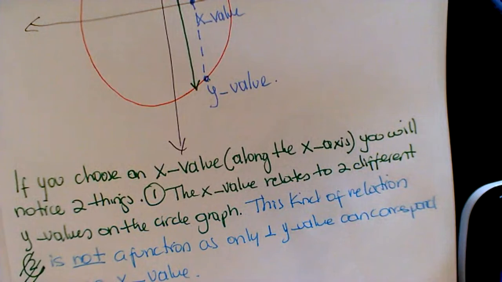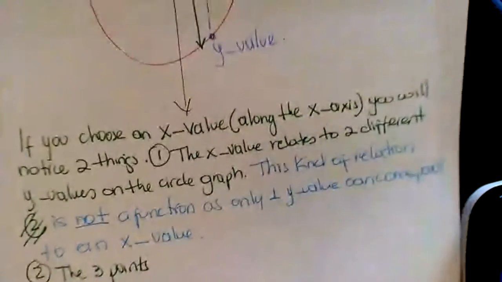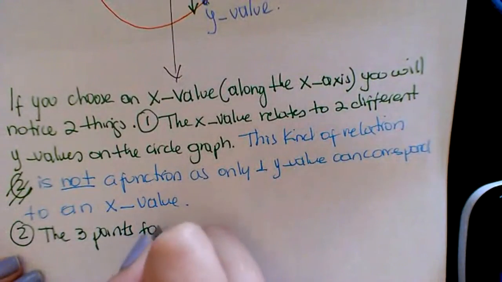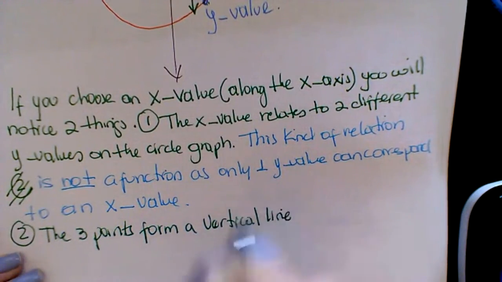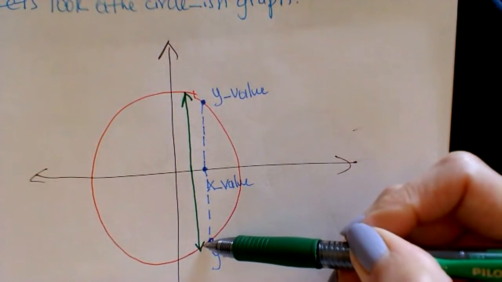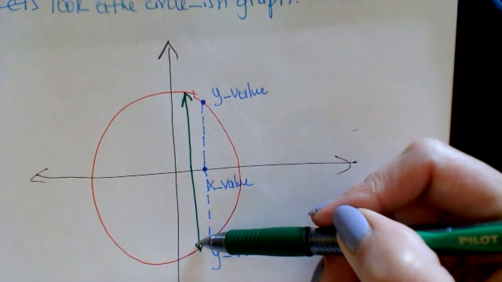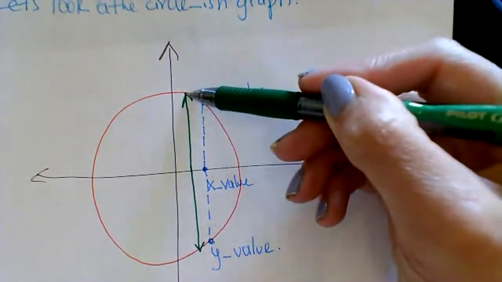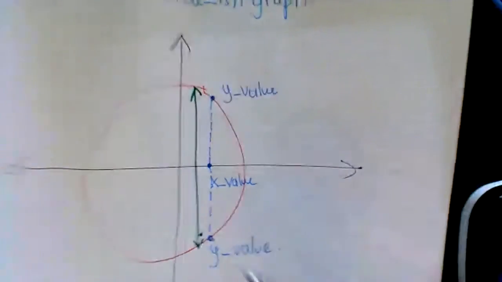Okay, don't forget that. Now, second, what we see is the 3 points form a vertical line. I show you that. When we draw the line, you can see that it cuts through your graph more than once. Cut it here and here. So when it does that, the relation is not a function.